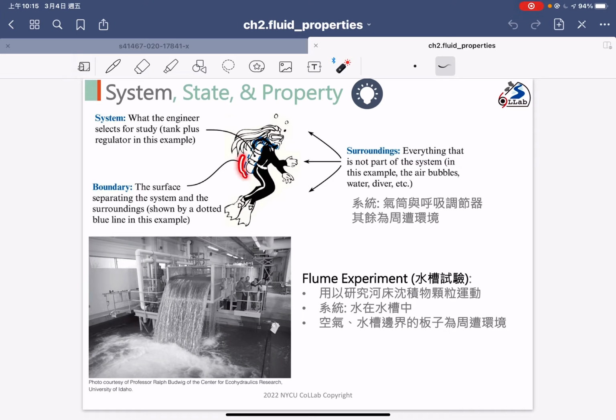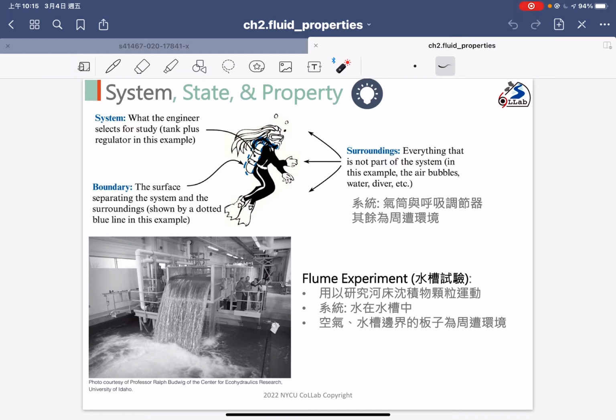And there is the gas tank, and maybe here are the controllers for the gas, right? So the system is not difficult to understand because the system is just what you see. You see the diver and the surrounding water, and there are some gas tanks and the gas controllers. Okay, just your system.